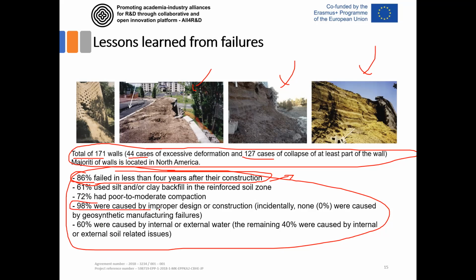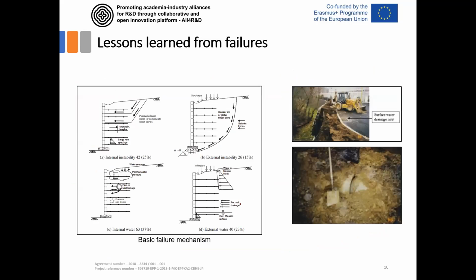Practically all the walls failed due to improper design or construction, and most of them were caused by water that came from outside, from some surface drainage or outer water. So the main problem is actually water.